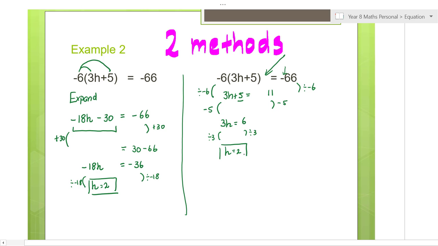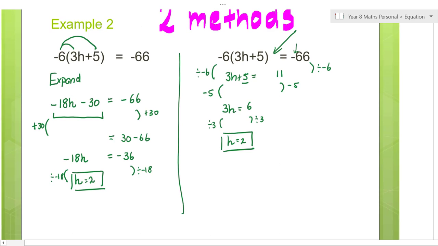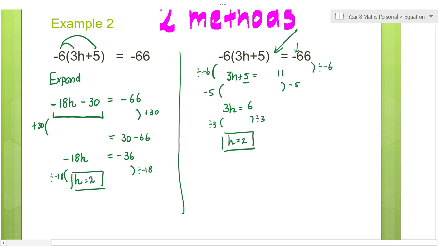Now, look, can I just say that a number of students, for completion, want to really show all of their steps. Personally though, if I have this step here, 3h is equal to 6, and you can quite clearly see that h is equal to 2, I would accept it if you wanted to go straight from there without writing the divide by 3, and you'll get full marks with me, no problem, okay?